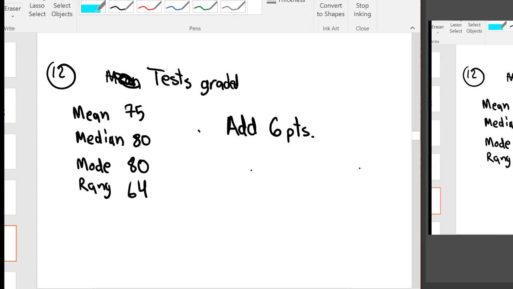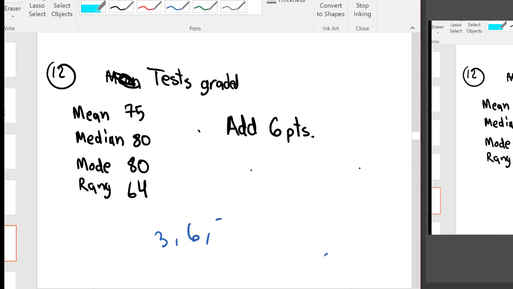Well, if you're not sure, what you would do is go through and just try it with smaller numbers. Think about it logically. Let's take numbers that will go in evenly.